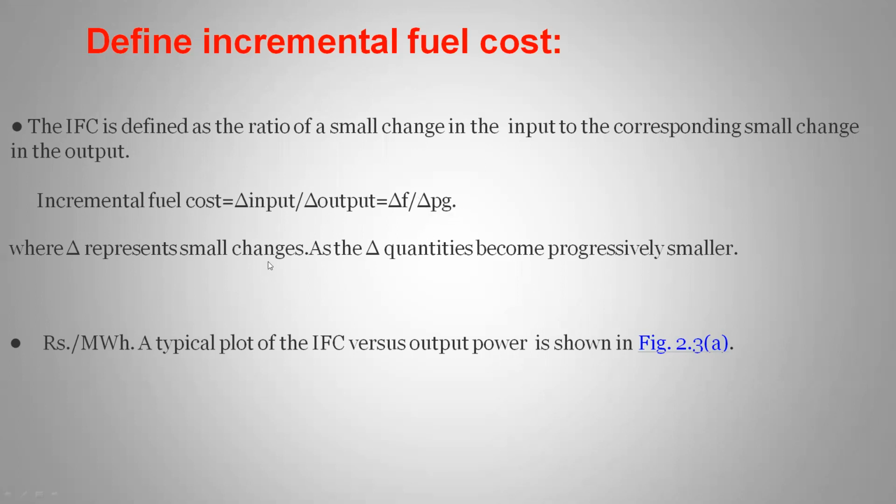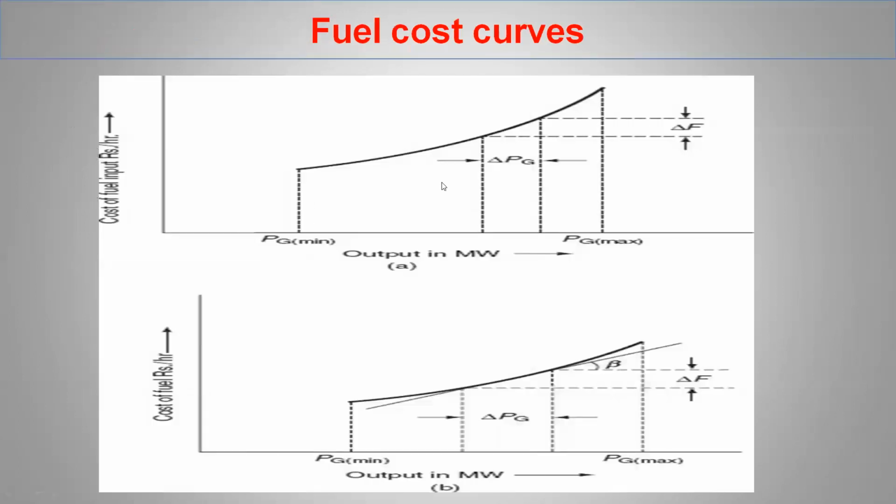Delta represents small changes. This is the incremental fuel cost curve. Cost of fuel input is rupees per hour, and the output is in megawatts. This is the power generation from minimum limits to maximum limits.